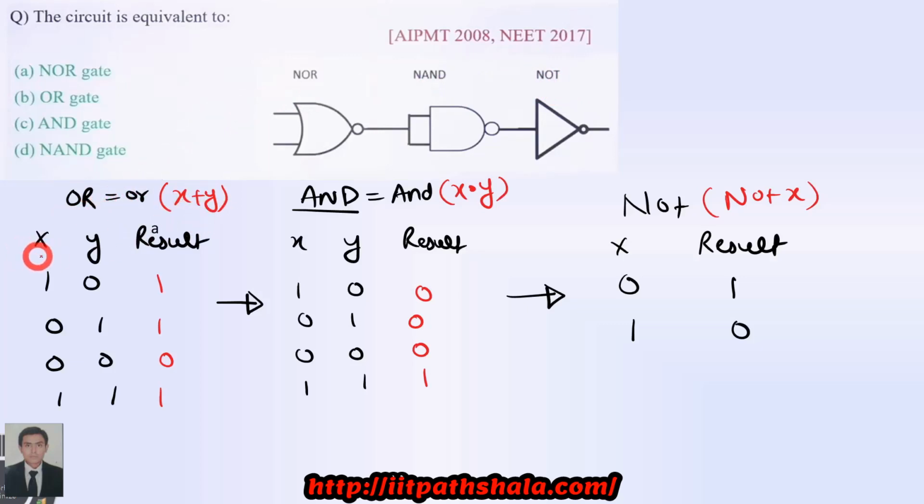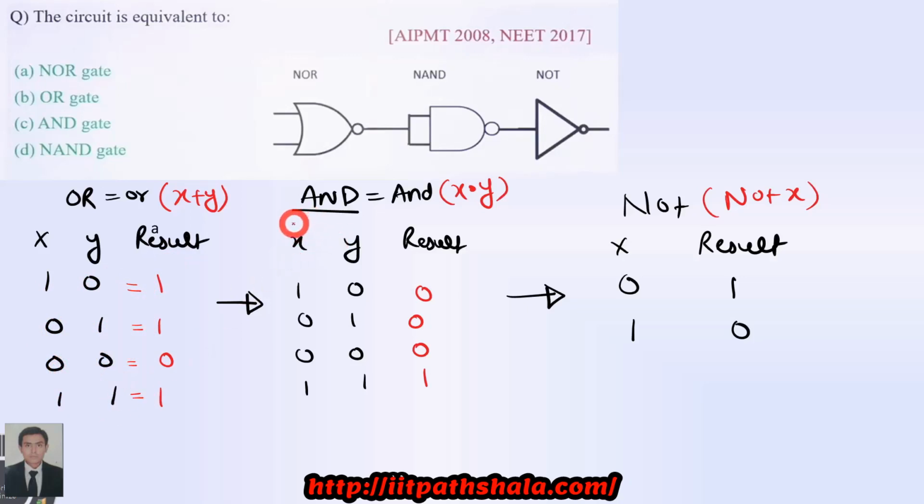Now, OR gate means you are adding the inputs. For example, I've made a truth table of the OR gate here; it hardly takes one or two seconds to make. If I give this gate an input 1 at X and 0 at Y, I have a result of 1. So 1 plus 0 gives you 1, 0 plus 1 gives you 1, 0 plus 0 gives you 0, and 1 plus 1 gives you 1.